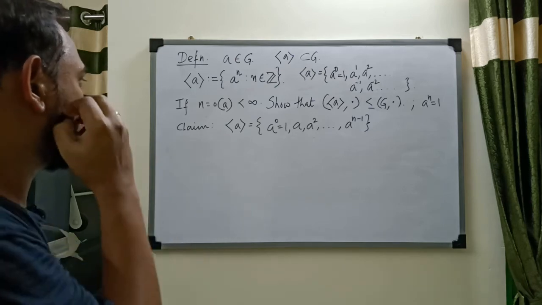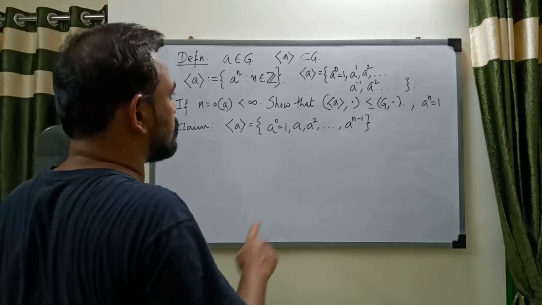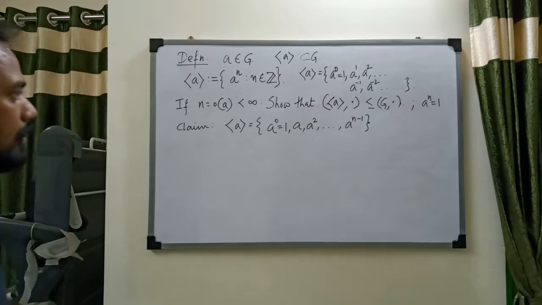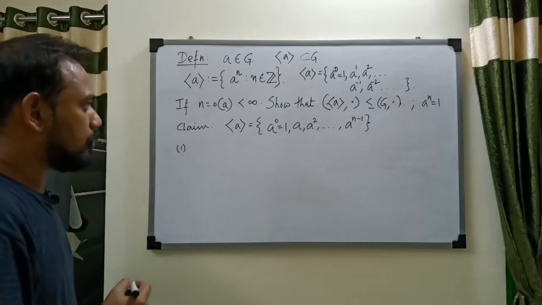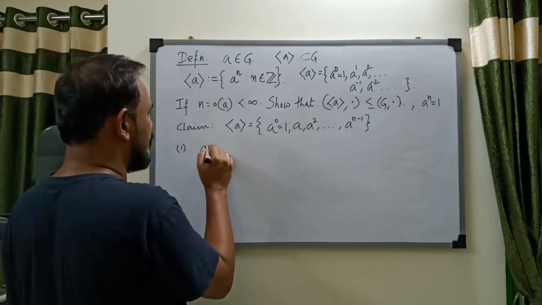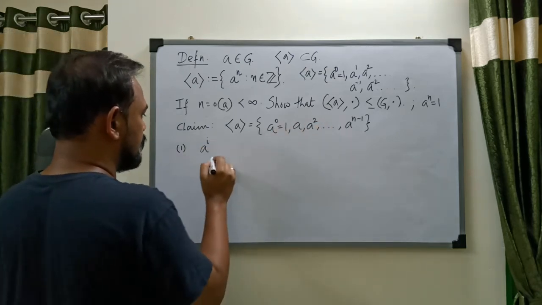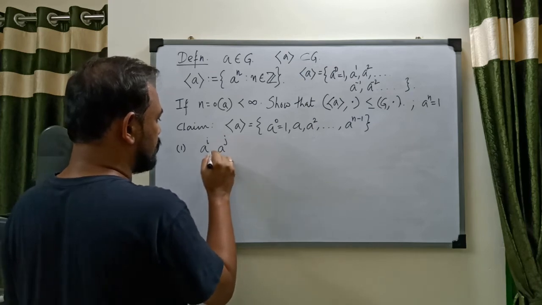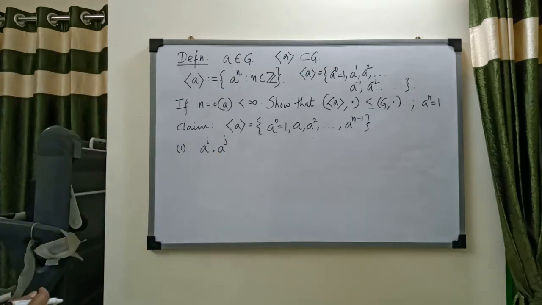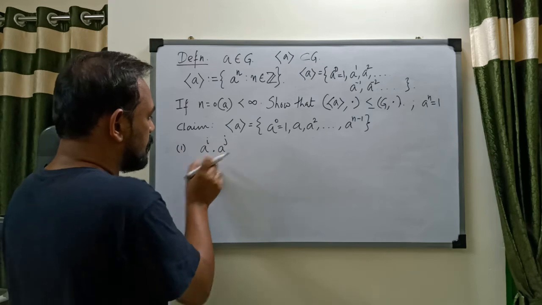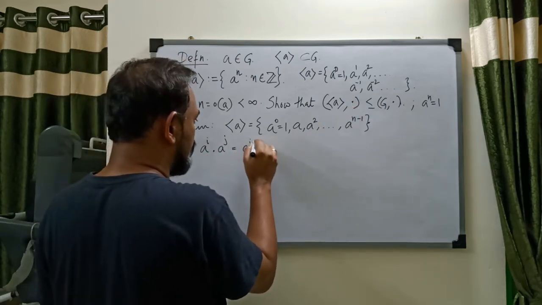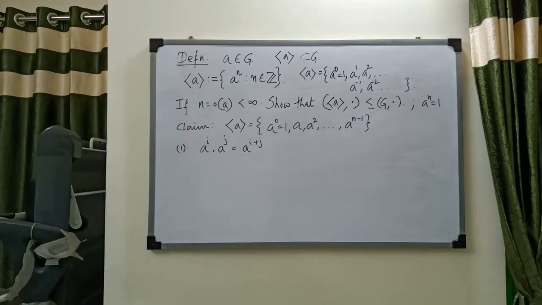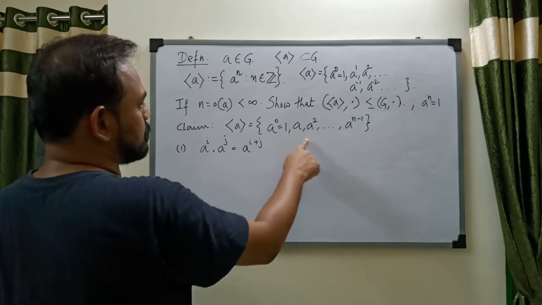Right. So let's just prove that this is a subgroup. Can I prove the closure property? Suppose I take a^i from this set, and I take a^j, and I product them with the binary operation. I get a^(i+j), and it must be one of them.